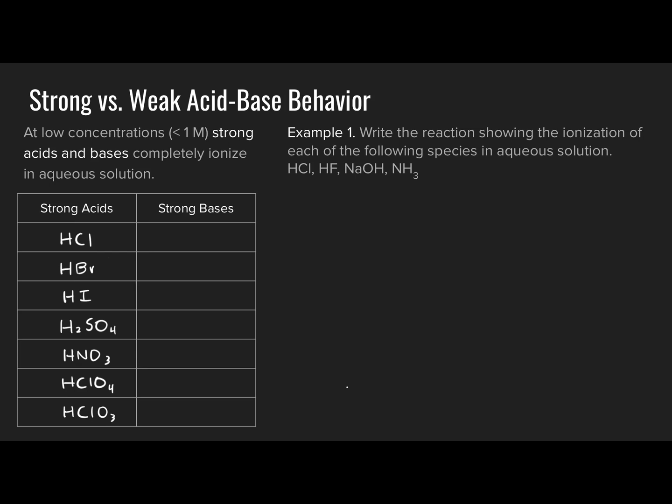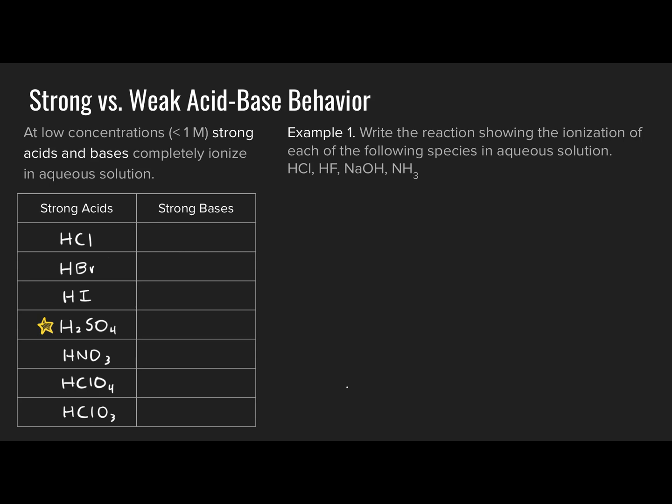Now, importantly to note here, folks, we want to put a little star next to one of these species here, that is sulfuric acid, H2SO4. You'll notice here that sulfuric acid is the only diprotic acid on our list of strong acids. And by diprotic, I mean an acid which has 2 acidic hydrogens which can be lost into the solution.